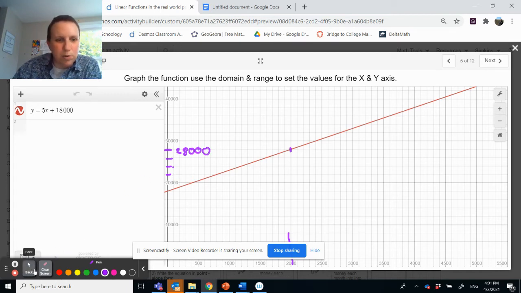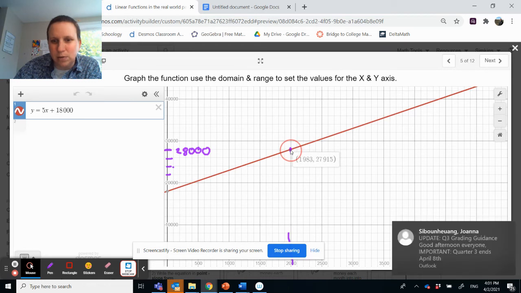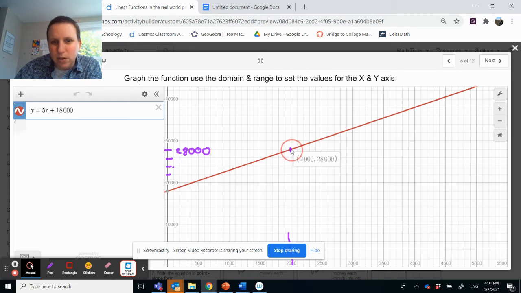On Desmos, you can just click on that point also and mess with it until the X value is exactly 2,000. And then you can see the Y value is 28,000 there, right next to the point.